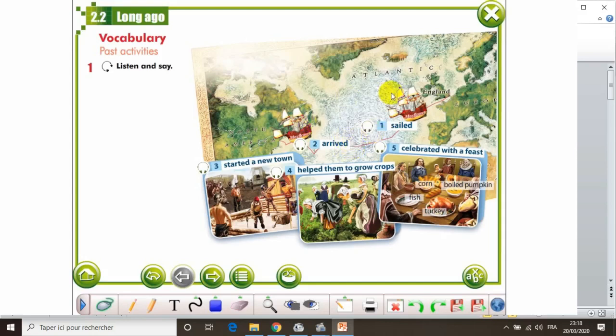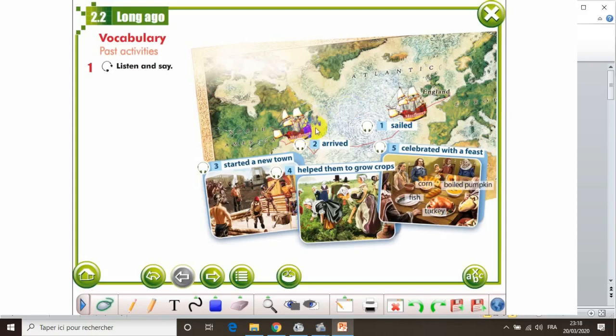This is a map of England, Europe, a bit from Africa, this small part. You see here England, this is Iceland, this is North America, and here we have boats.